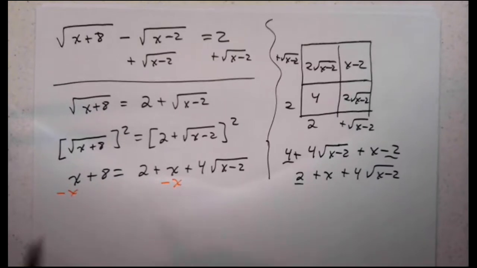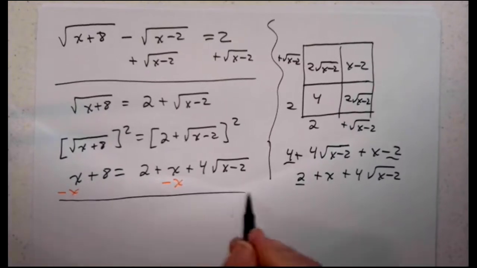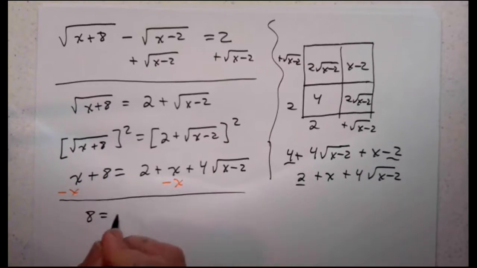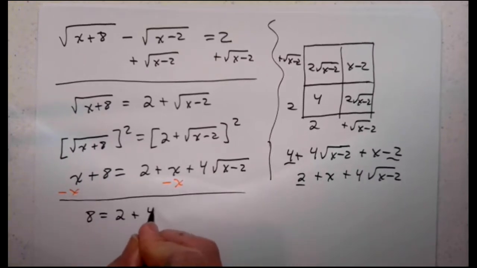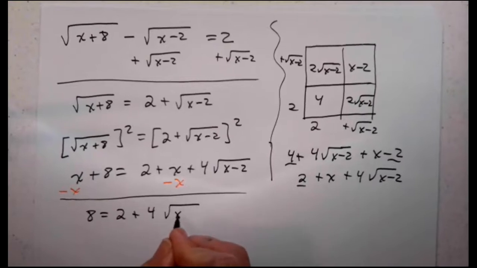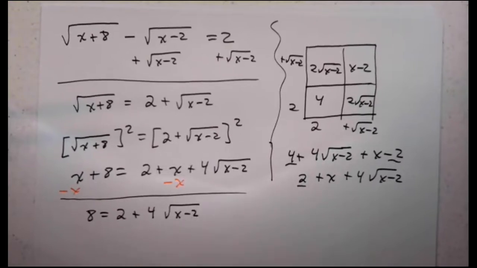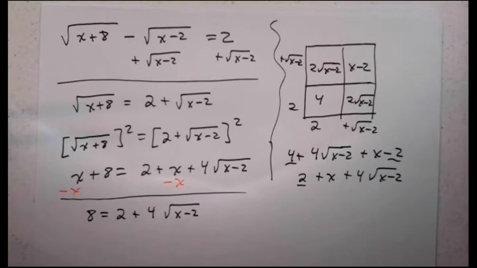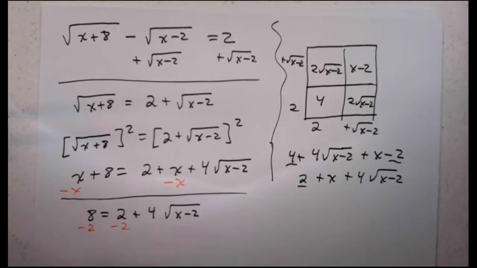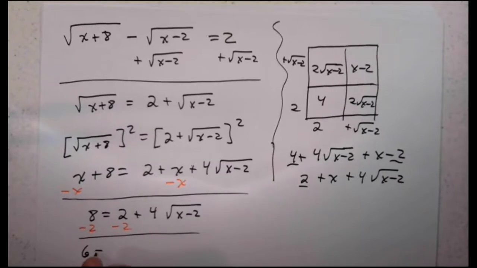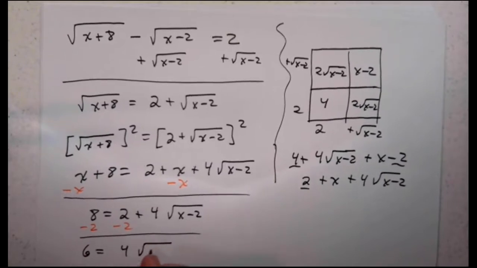And now what do I have? I have 8 equals 2 plus 4 times the square root of x minus 2. Now let's go ahead and subtract 2 from both sides. And I get 8 minus 2 is 6 equals 4 root x minus 2.